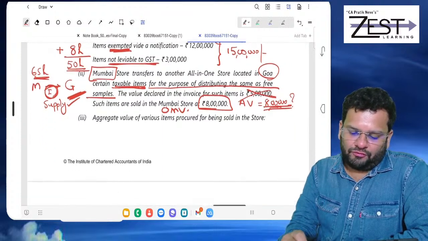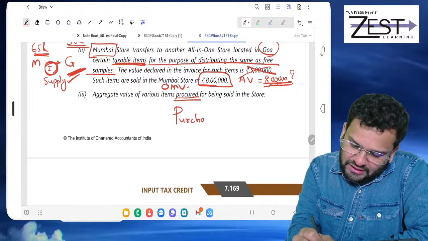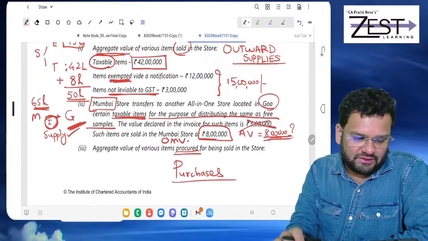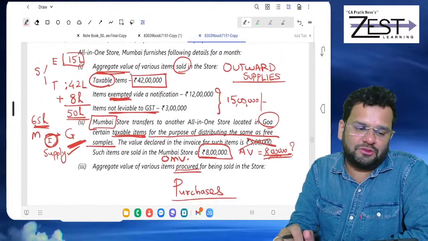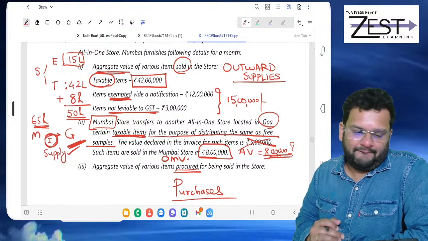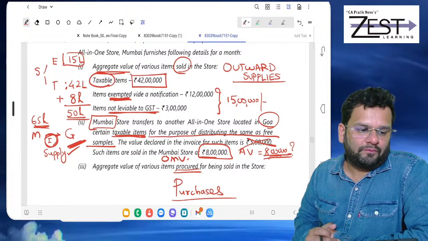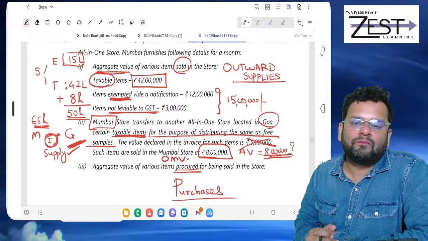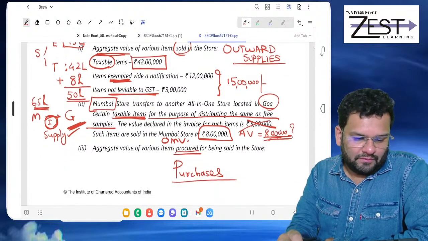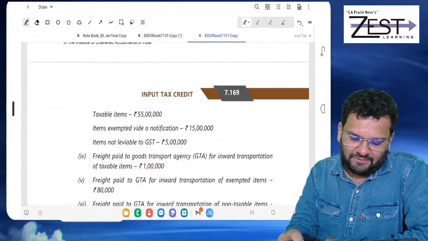Aggregate value of various items procured means now comes the details of purchases. Can I go to purchases? First, tell me, Mahalakshmi and Ashima, have you understood till this point? Yes, no? Yes, sir.